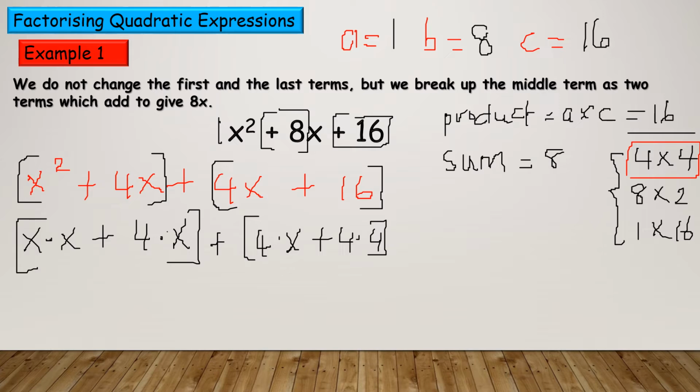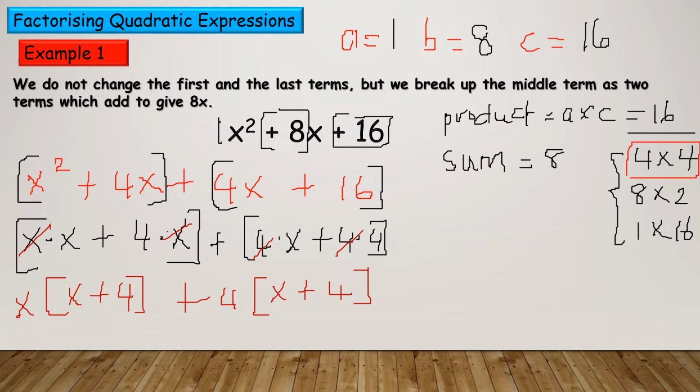If we factor out, what's common is x and the x, so x on the outside, and what's left is x plus 4. Let's go to the second bracket. What's common is 4. So 4 is factored out, and we're left with x plus 4.